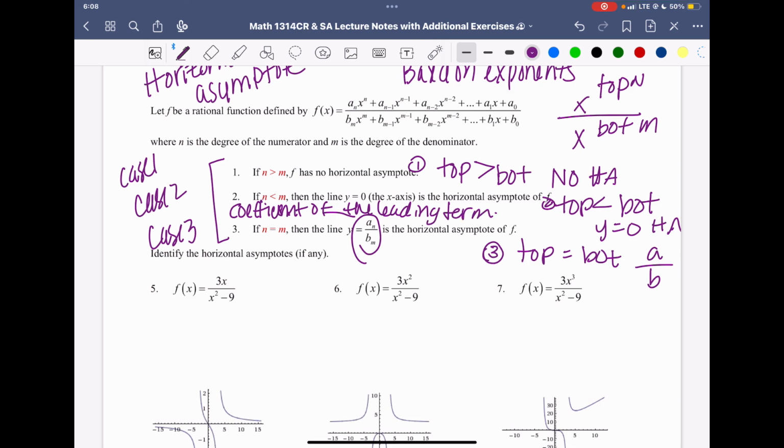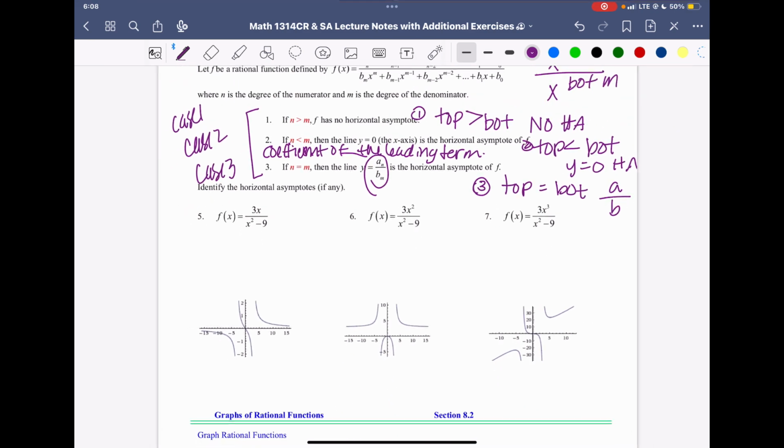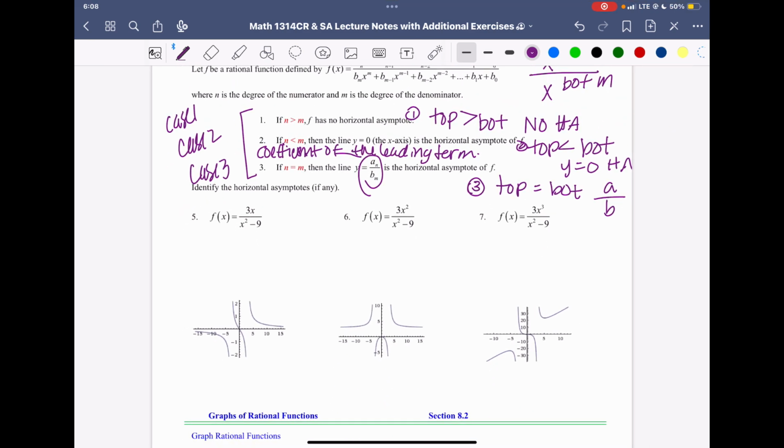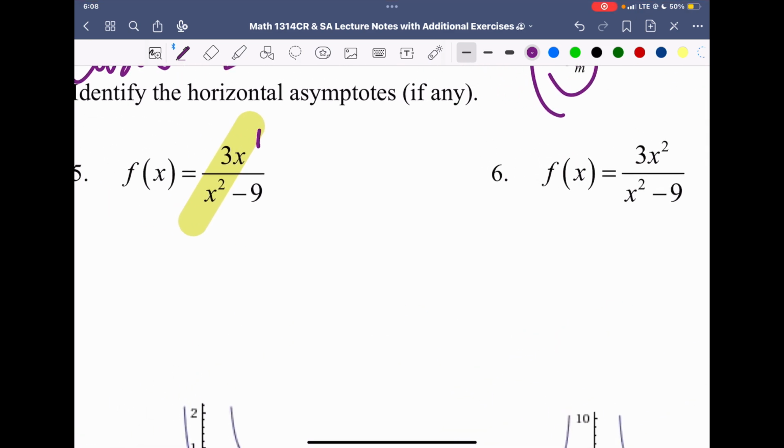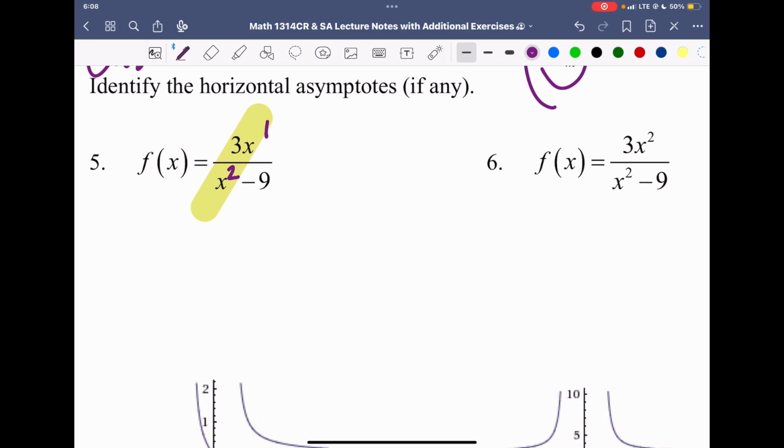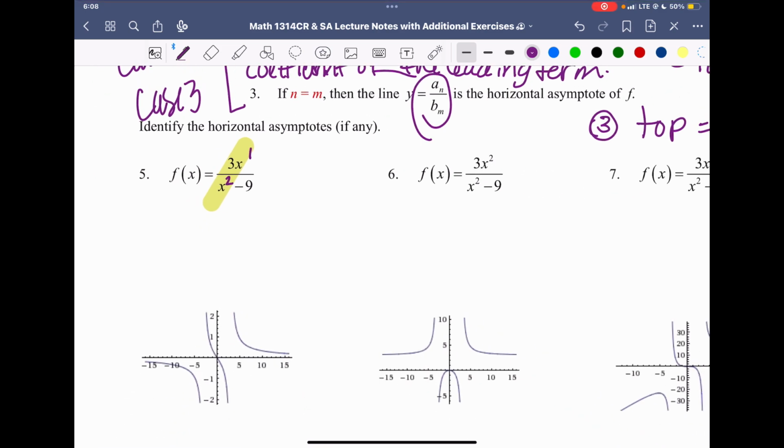Okay, so let's look at these. These are already graphed for you. You can graph on Desmos. Let's determine what case these are. This first one, we're only looking at the leading terms or what's in the denominator. So this is going to be exponent of 1, exponent of 2. So this is 1 and 2.